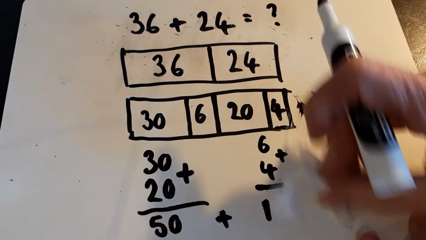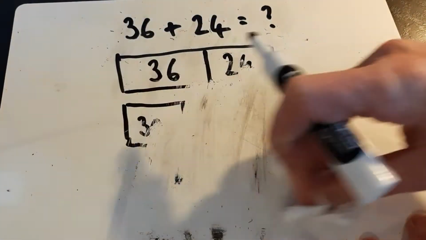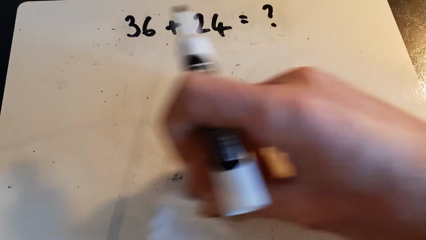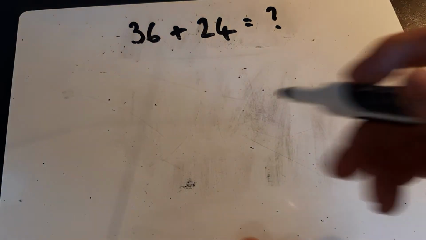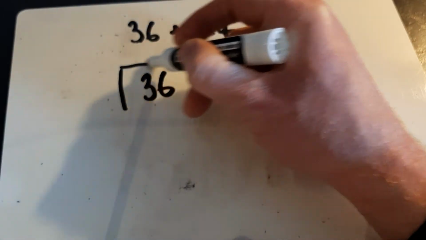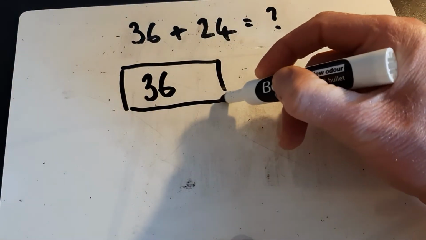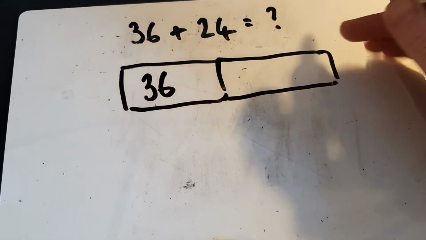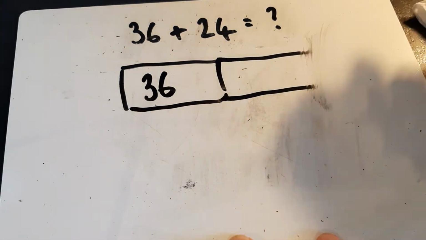Another method is, if we start with the biggest number, which in this case is 36. So 36 add 24. Just make that a bit smaller.